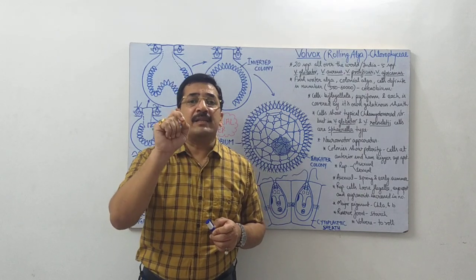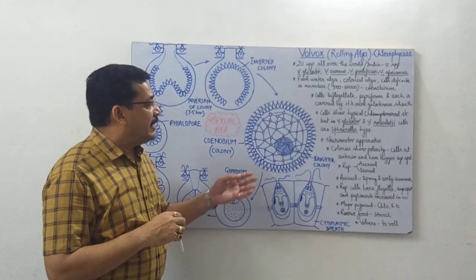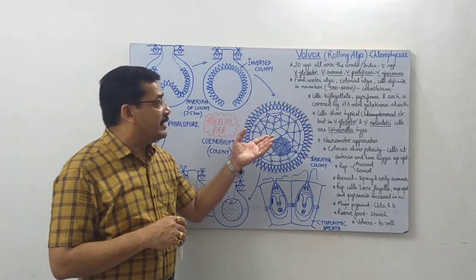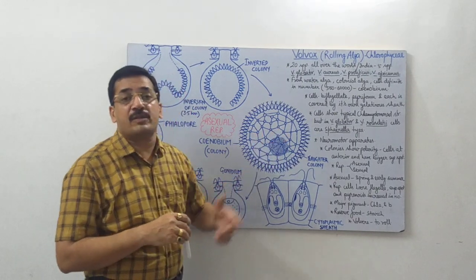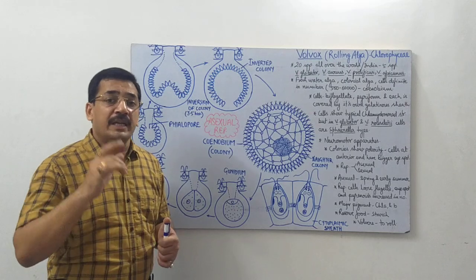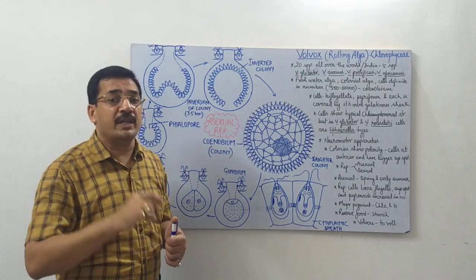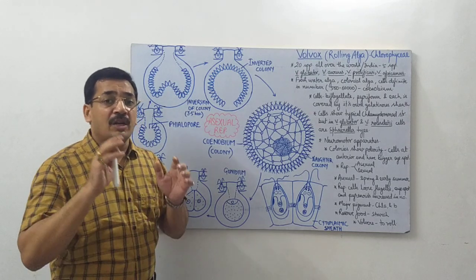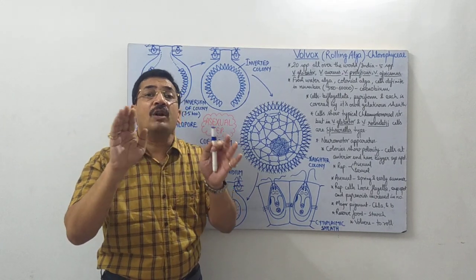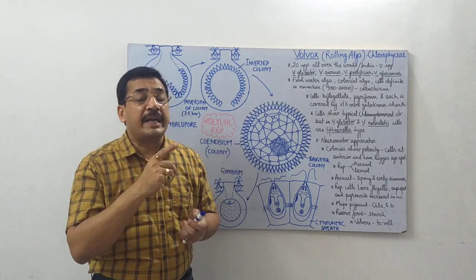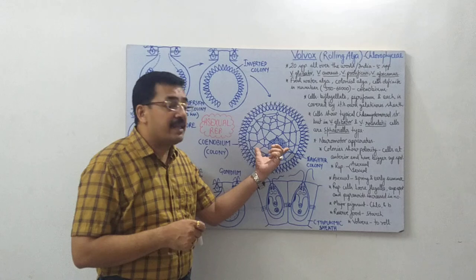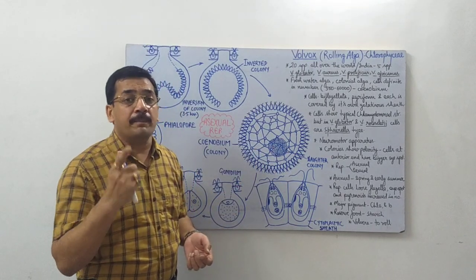As far as its thallus is concerned, its thallus is a colonial thallus, and this colony consists of 500 to 60,000 cells. Here, one thing that is very important to mention: the colonies in which the number of cells is always definite are technically called coenobia, and a single colony is called a coenobium.